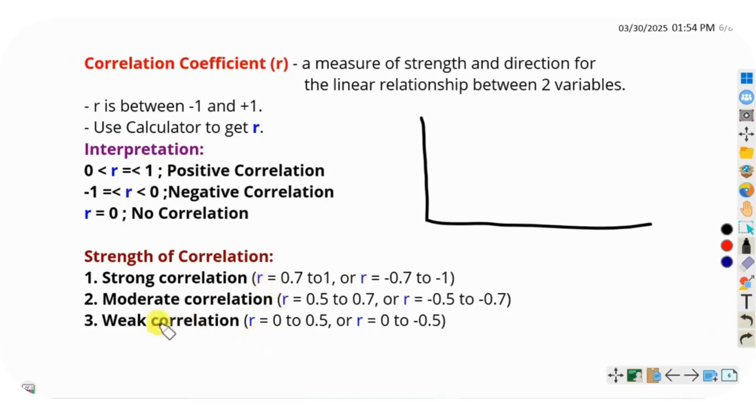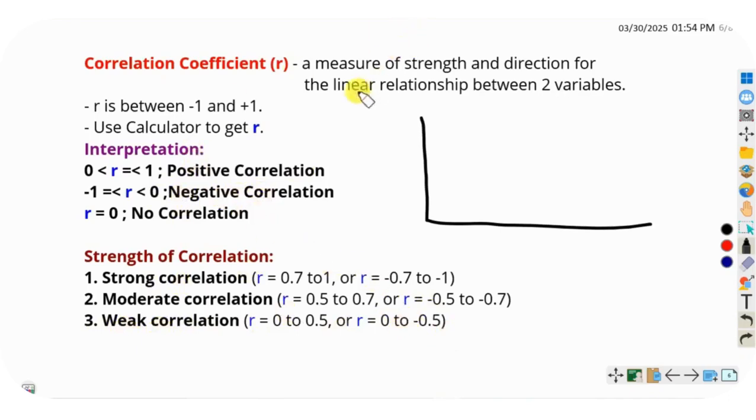Then for weak correlation, if you get anything between 0 and 0.5, that is a weak positive correlation. But if the values are between 0 and negative 0.5, that is a weak negative correlation.